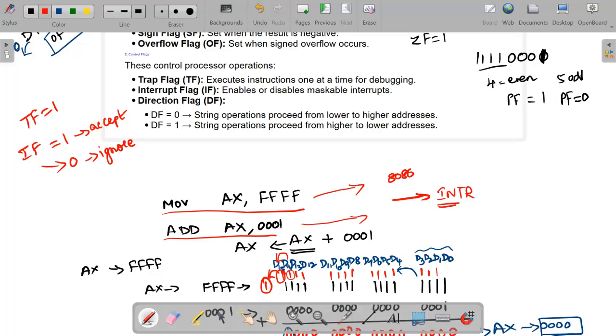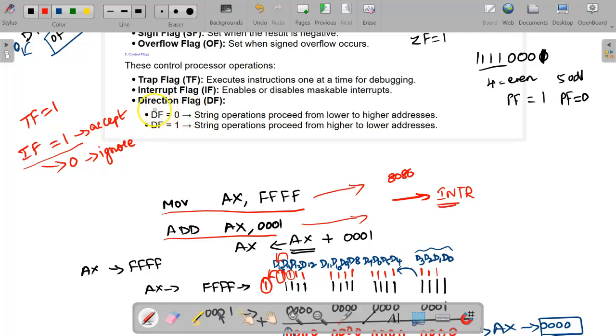If you are not ready to accept the interrupt, you will ignore it. Like that, if IF is equal to 1, then the maskable interrupt coming through INTR will be accepted. If IF is equal to 0, then that interrupt will be ignored. It will not disturb your operation.